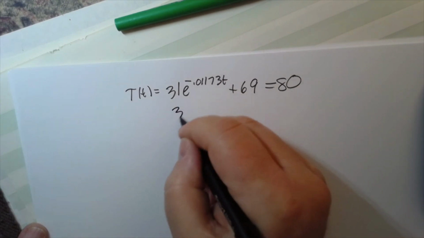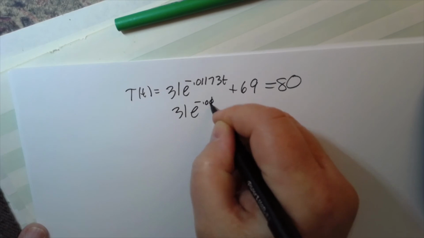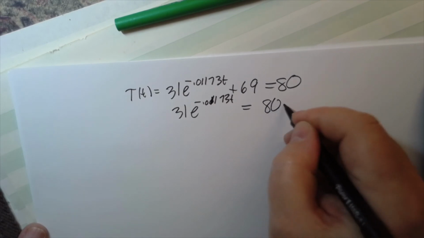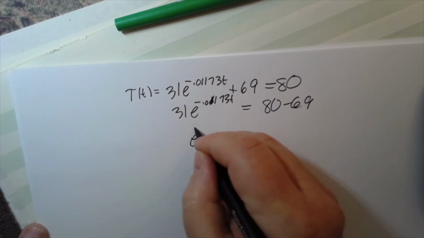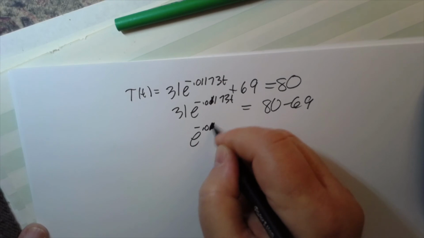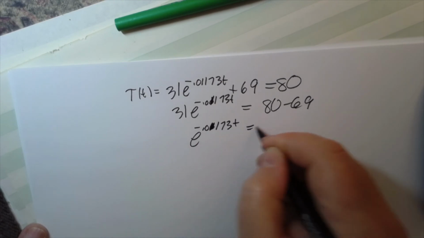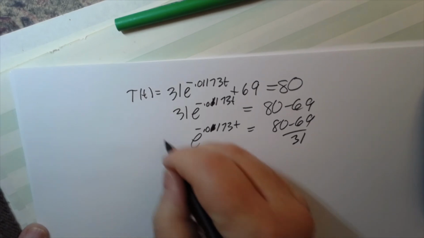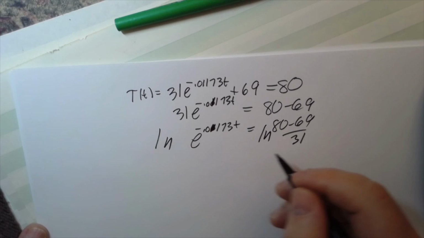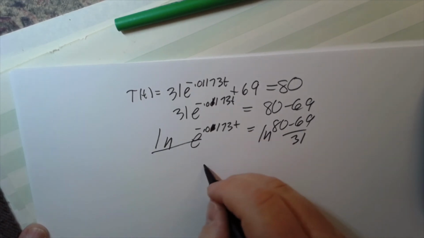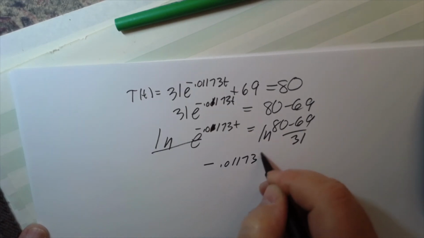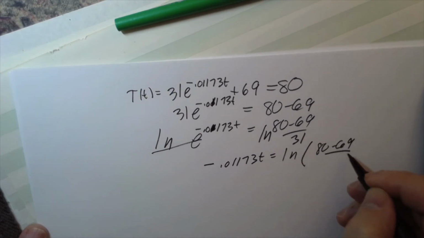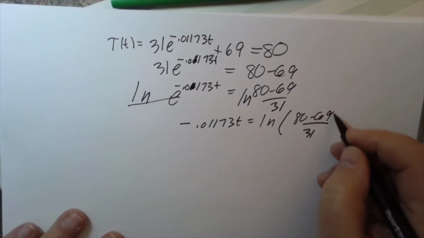So I subtract over the 69, so I get 80 minus 69, divide by the 31, and 0.01173t is equal to 80 minus 69 divided by 31. Take the natural log of both sides. Since they're inverses, I just get 0.01173t is equal to the ln of 80 minus 69 over 31.